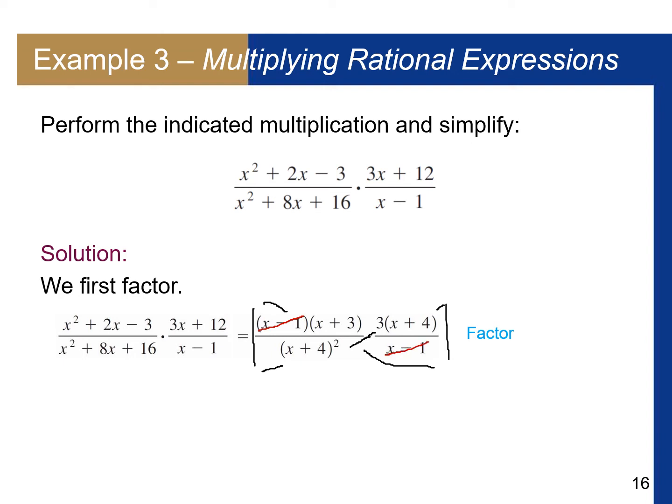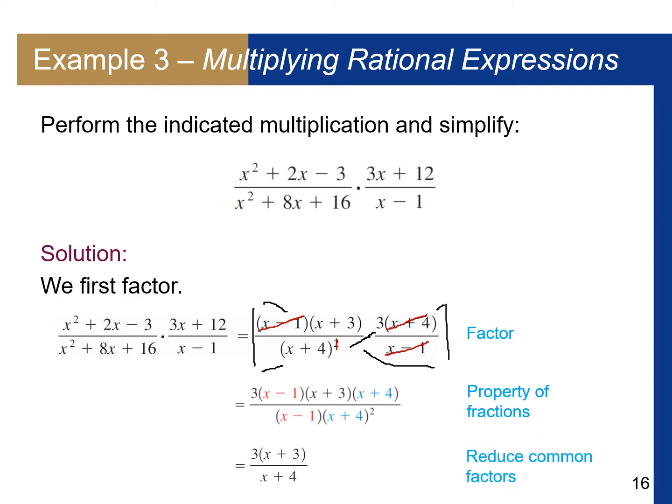So I will reduce those to 1. I also have an x plus 4 here, and I have 2 of them here, so I'm going to just take one of them away and make this now just x plus 4 to the first power. Then what's left? x plus 3 and 3 on the top, and x plus 4 on the bottom. There we go. Okay.